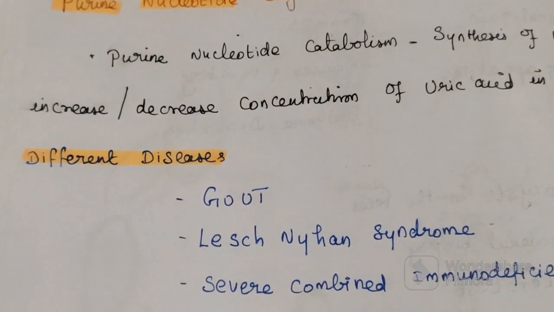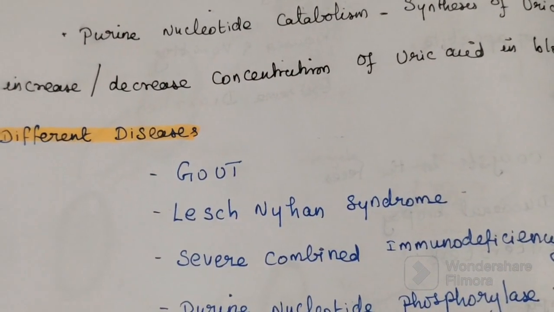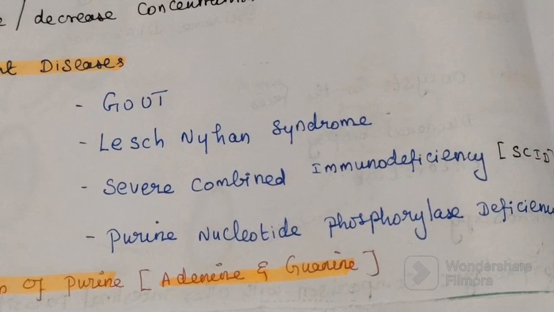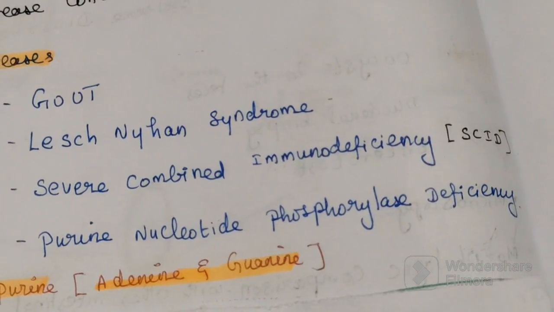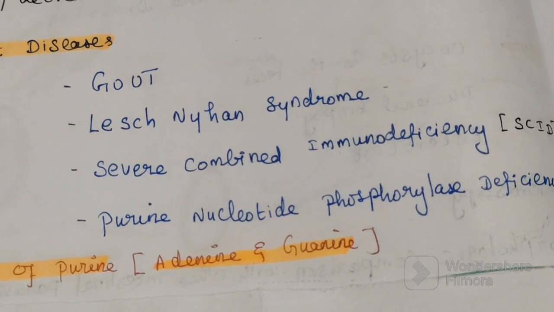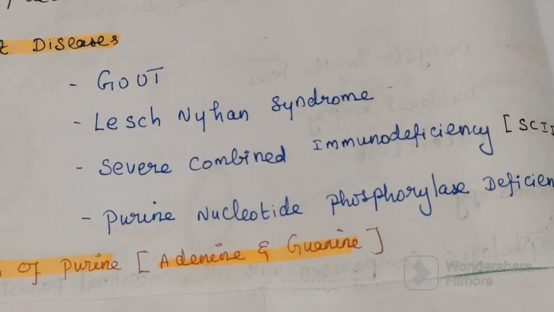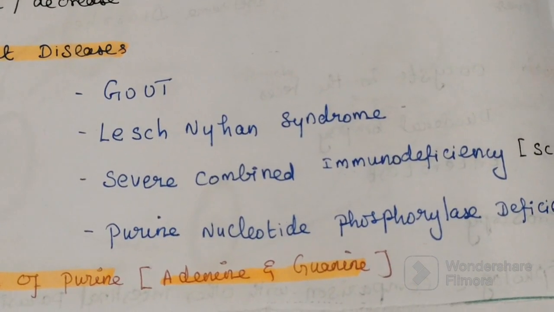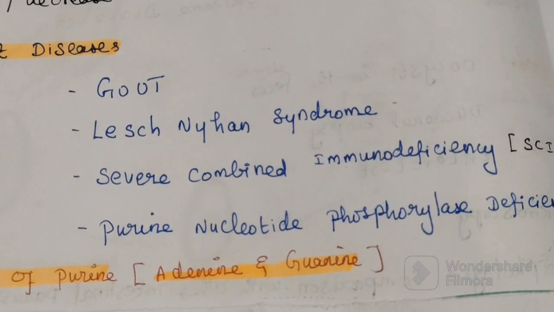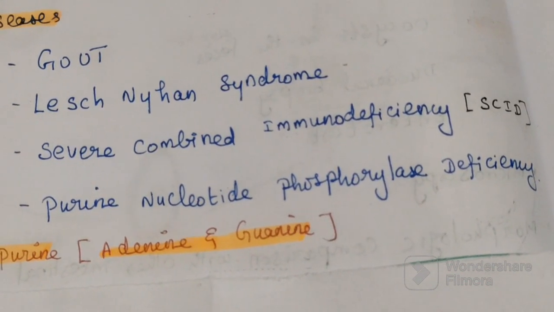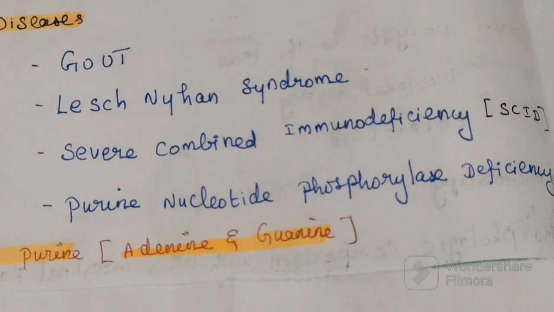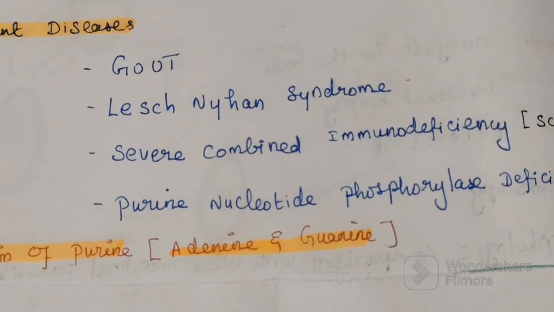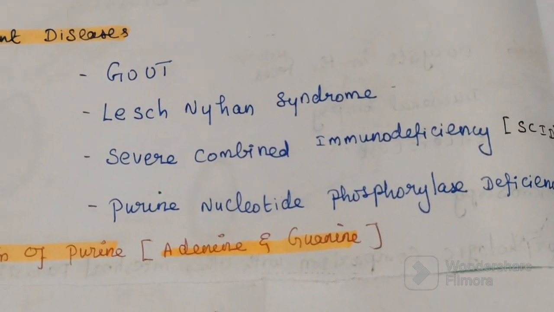For example, gout, Lesch-Nyhan syndrome, severe combined immunodeficiency (SCID), and purine nucleotide phosphorylase deficiency. These are the disorders related to serum uric acid level.